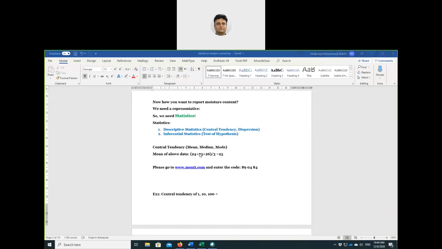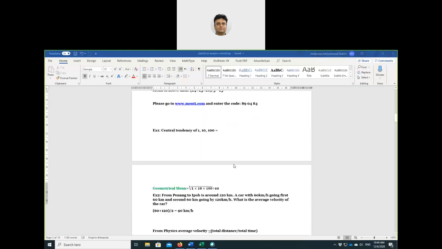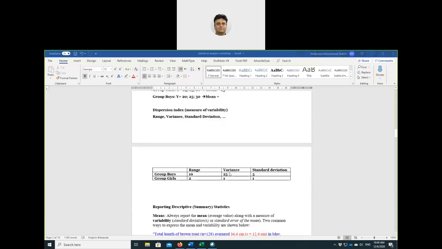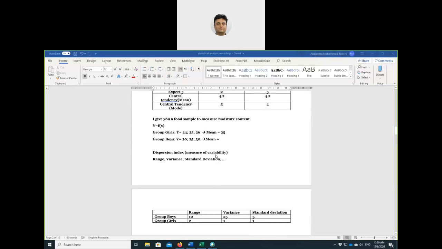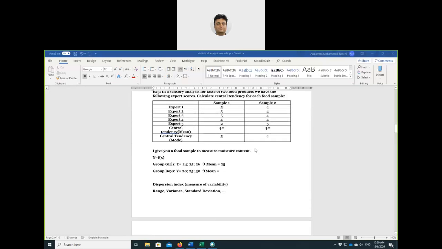You can report the median here, but the best one here is the arithmetic mean. So the first part, the central tendency index, or central index, I have covered here.